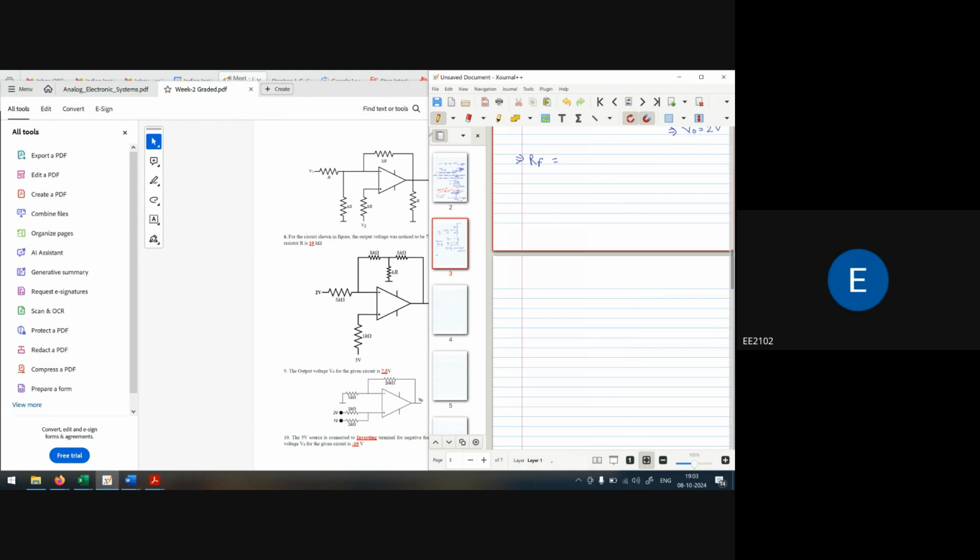The value of RF, there are two parts. Is it 6.5 or something? 2.5K parallel with 4R plus 5. Okay, it is grounded. So for the battery, you have to calculate with the node.